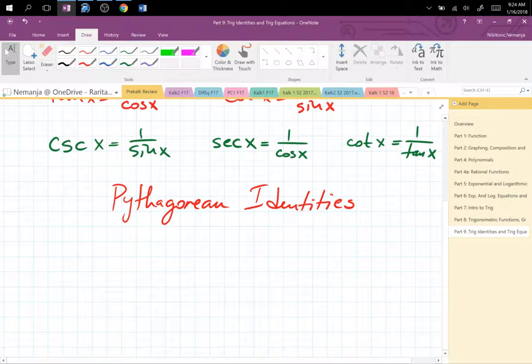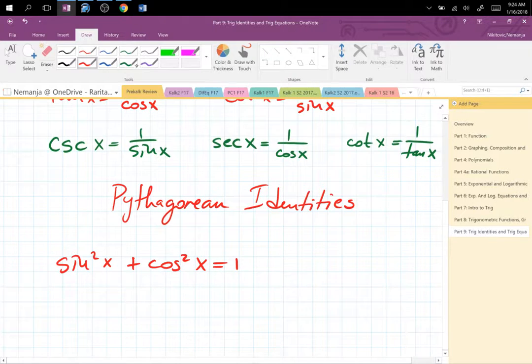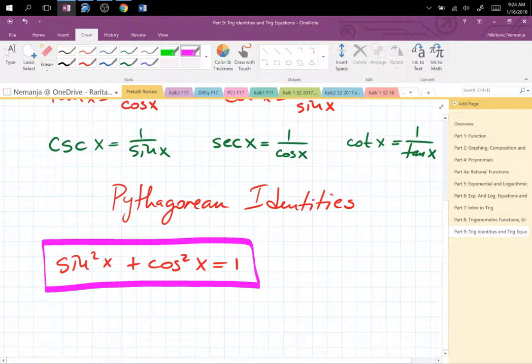But technically we can memorize 1 and then get all others when we employ the stuff from above. So the main one is sine squared x plus cosine squared x is equal to 1. So this is the boss equation, all right, for Pythagorean identities.